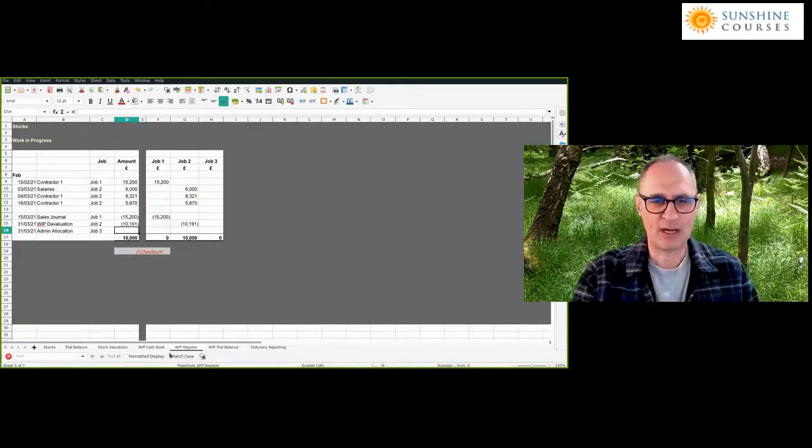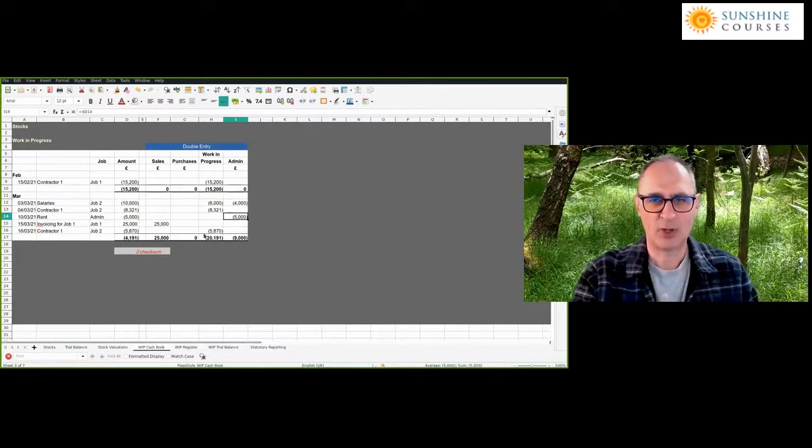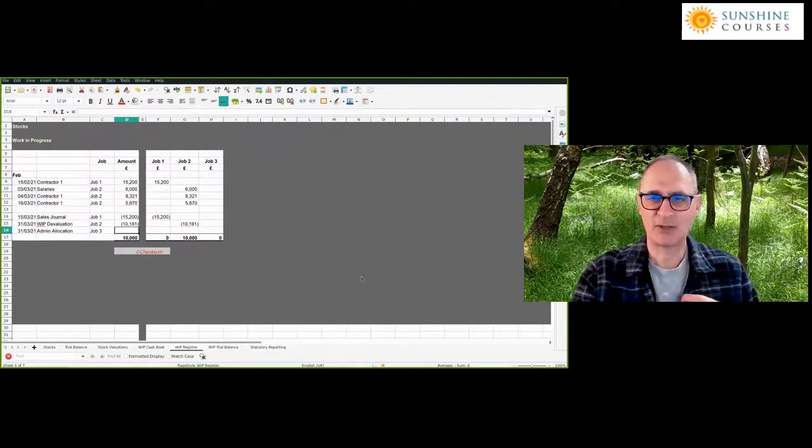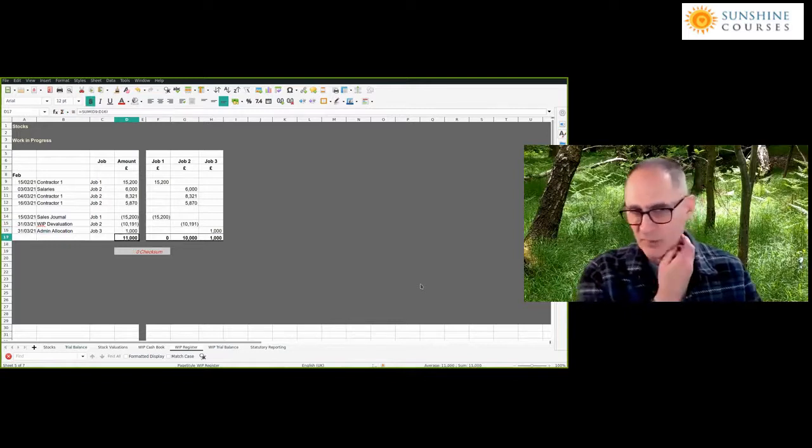So going back to the cash book, within these admin costs, it's actually completely appropriate for some of those costs to be allocated to job 3. And when we've done our calculations, going back to the register, I'm very happy that we can allocate £1,000 of costs to job 3.